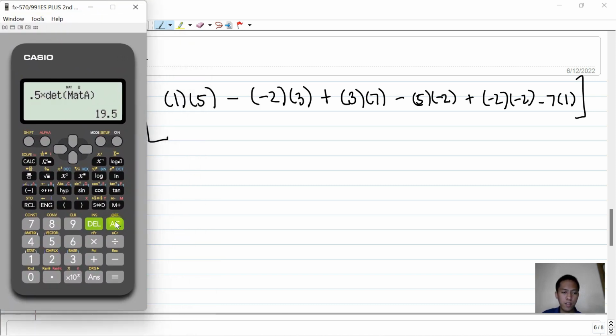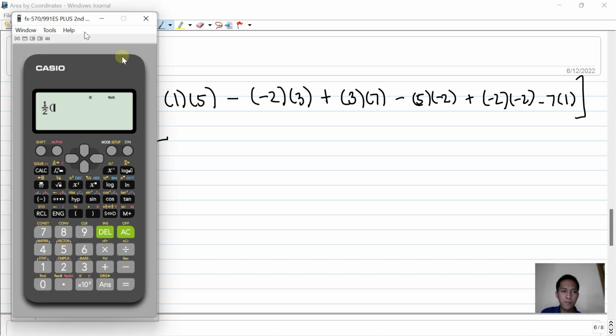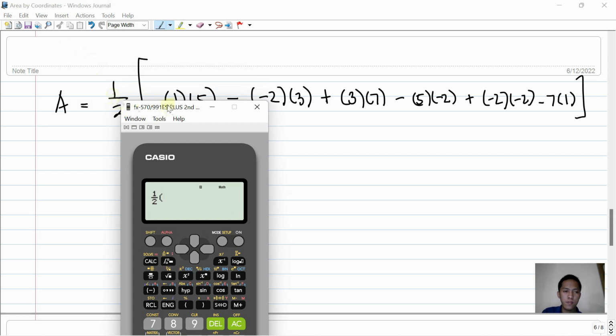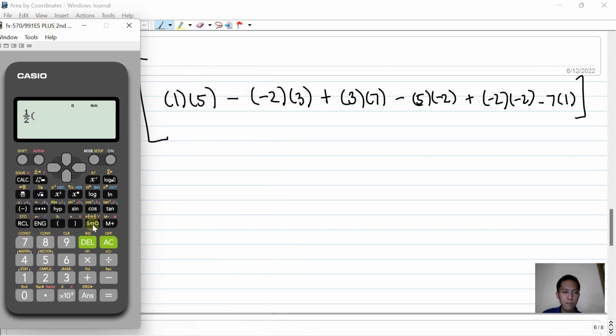Okay, so we have here, so shift 9 lang natin and clear the data. So that is 1/2 times this quantity. So 1/2 times 1 times 5. So that is just 5. 5 minus, you have here negative 2 times 3. So plus, you have here 3 times 7.